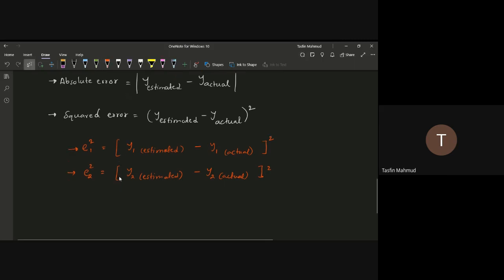As we have been given n number of data points, we can calculate the squared error for the nth data point as well. So en square is the error for the nth data point, and it would be similarly yn estimated subtracting yn actual.